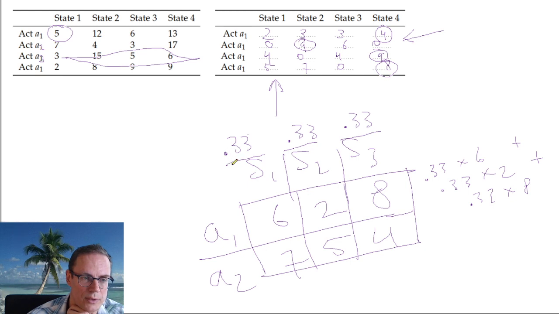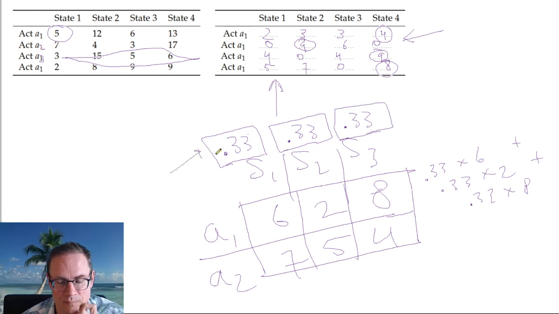But of course, you can only apply expected utility when you know the likelihood of the different outcomes. And the principle of insufficient reason is one way for you to get those likelihoods or those probabilities.